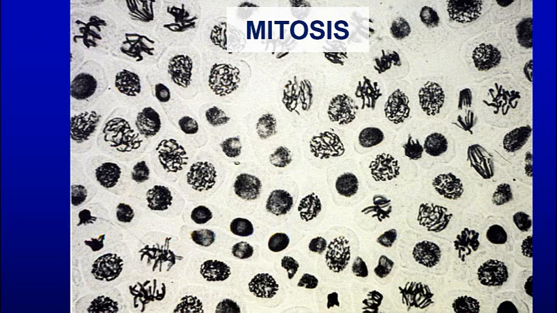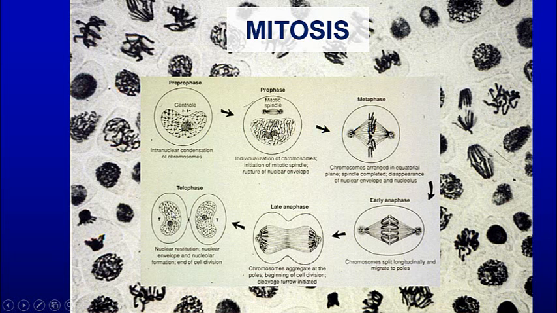Here we can see various stages of mitosis: prophase, metaphase, early anaphase pulling apart, later anaphase, and then they are pretty much pulled apart for telophase. Again, prophase has the nuclear envelope breaking down, then alignment in metaphase, anaphase pulling apart, and telophase.